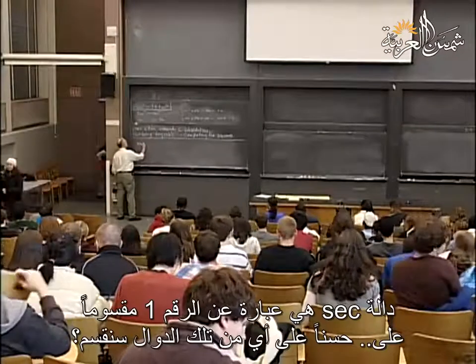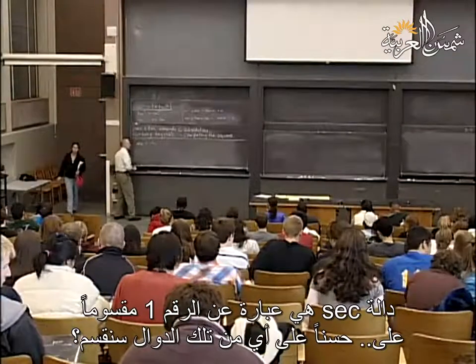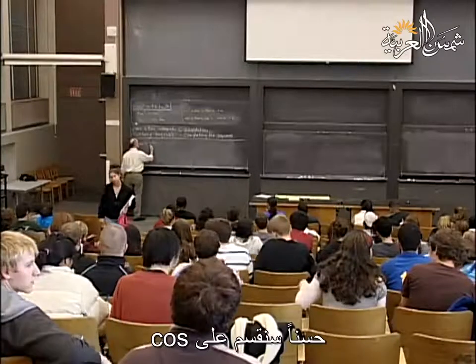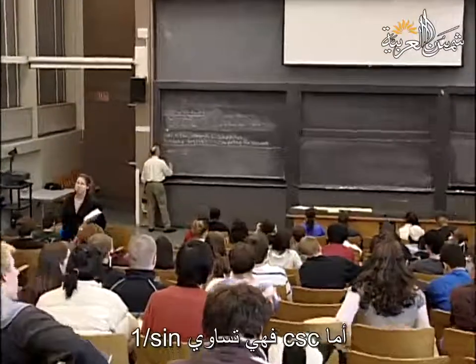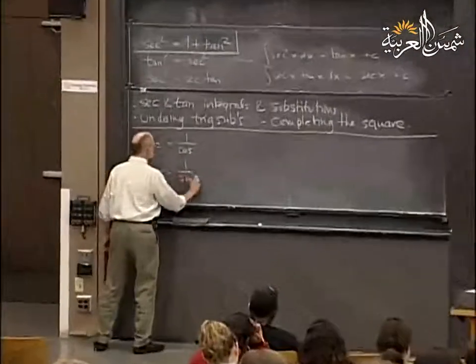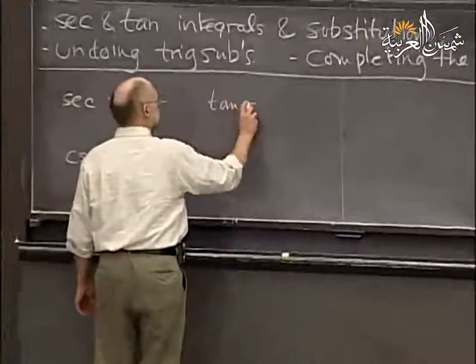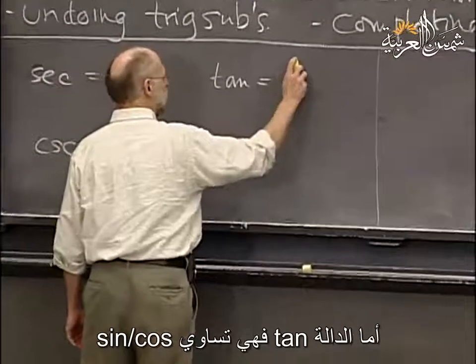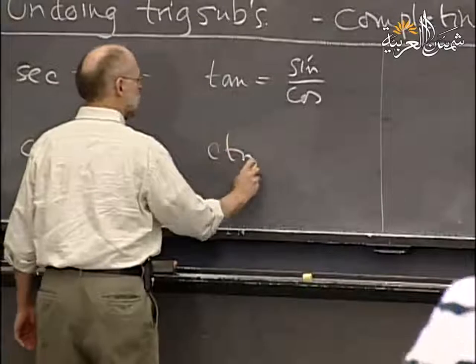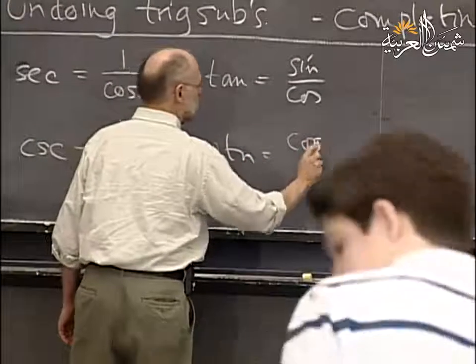Let's see, the secant is 1 over one of those things. Which one is it? It's weird, it's 1 over the cosine. And the cosecant is 1 over the sine. Of course, the tangent, you know, is the sine over the cosine, and the cotangent is the other way around.